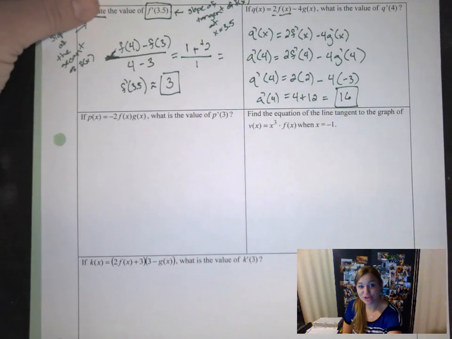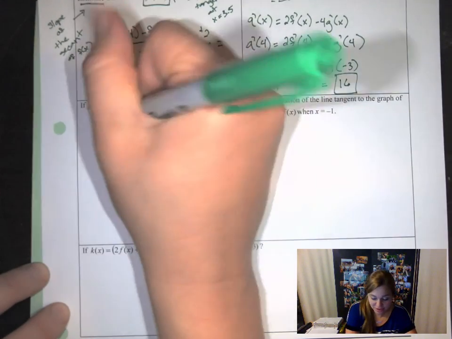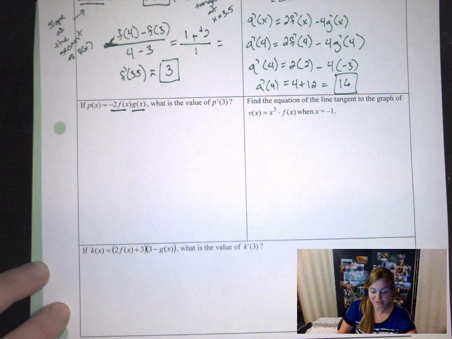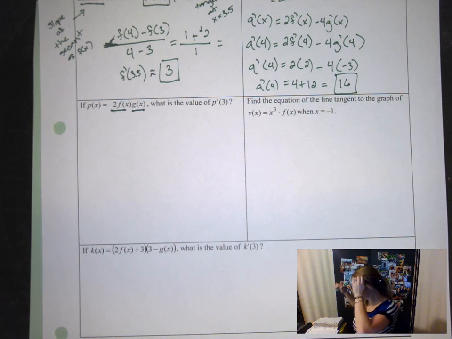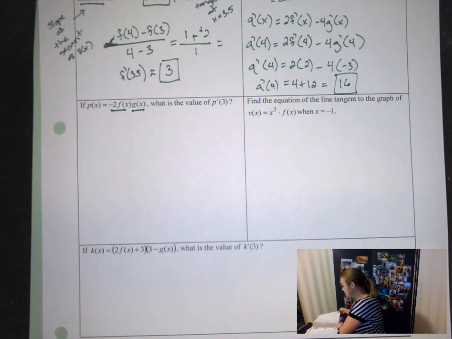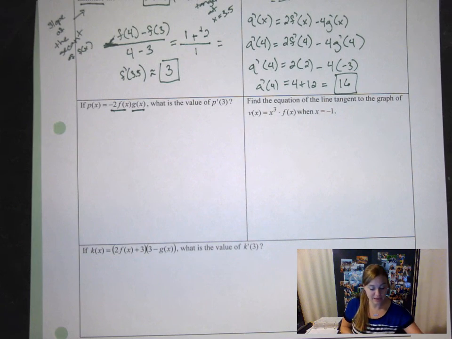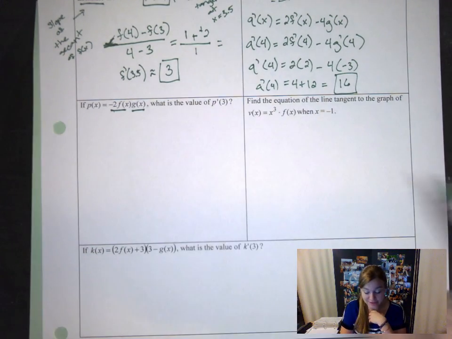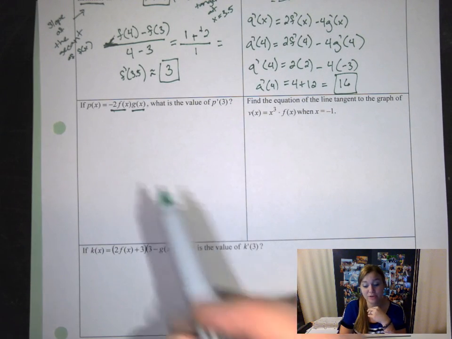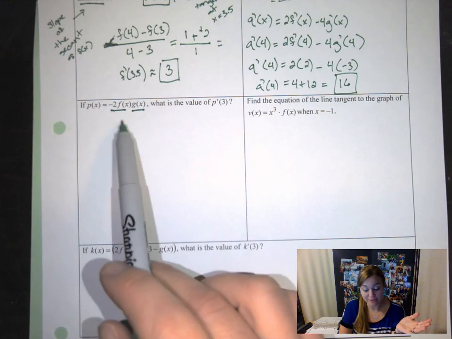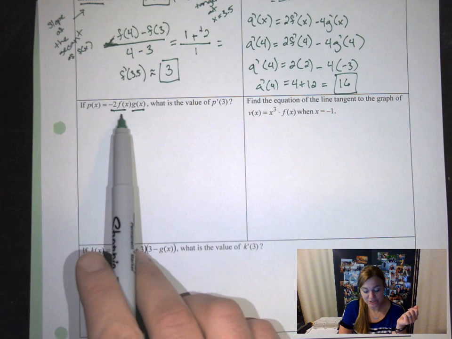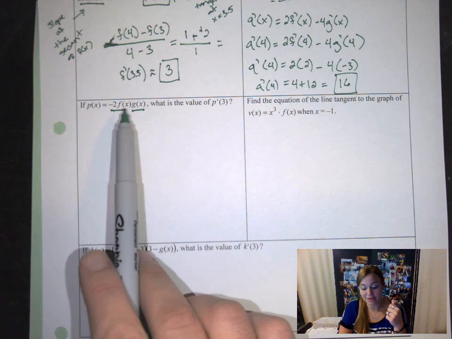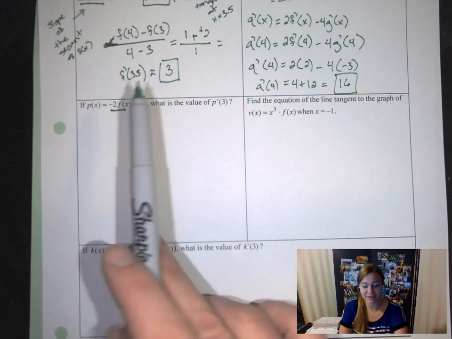And good news. See on this next one? It looks like I've got a product. Hooray! So there's a couple things that you can do with this one. You can say, I'm just going to take this negative 2 out in front and then multiply my answer in the end, whatever I get for my derivative, multiply it all by negative 2. Or what I usually do is just keep this negative 2 along with f of x so that I don't mess up the distributing later.